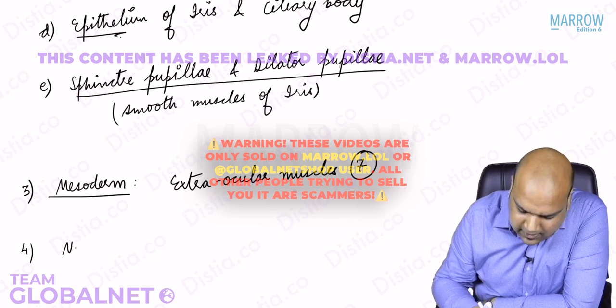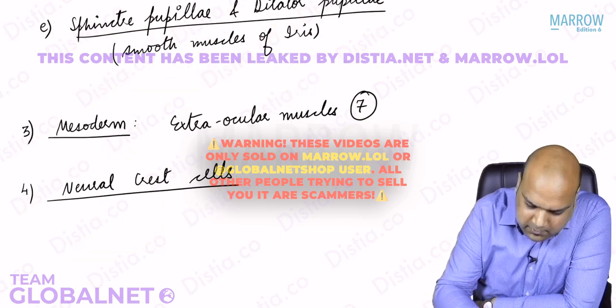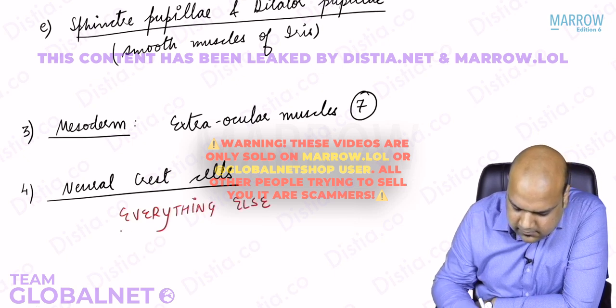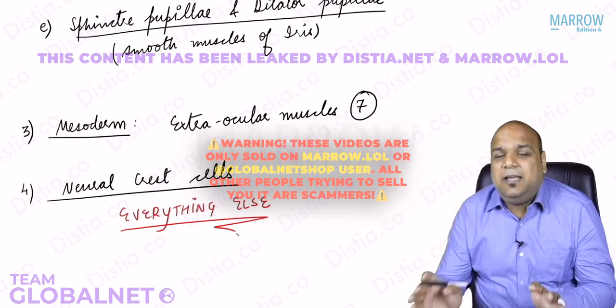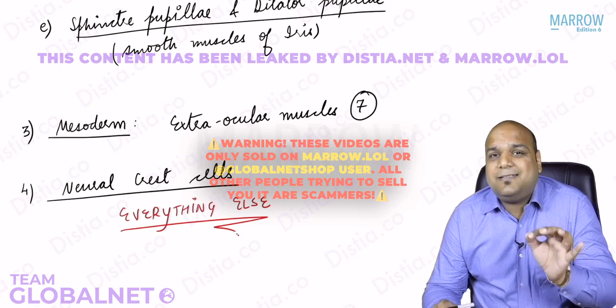And lastly, what we are left with is neural crest cells. So if I have to remember, I will remember it like this, everybody. Everything else is going to develop from neural crest cells.